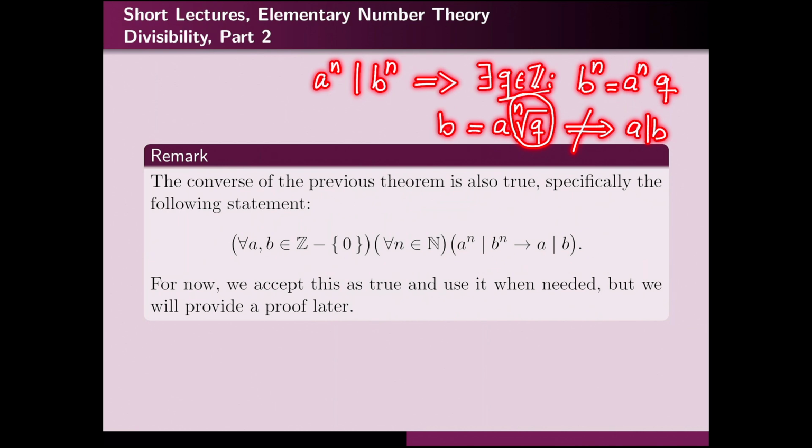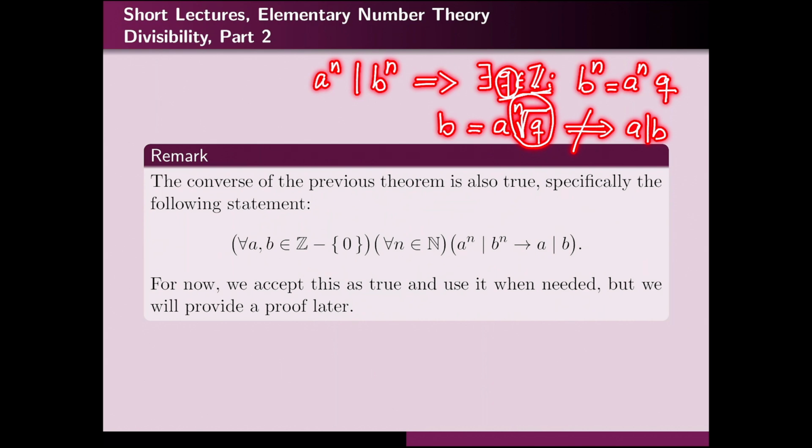So I need to prove something stronger. I want to prove that not only this q is an integer, but it is equal to an nth power of another integer, so that after taking the nth root, it becomes an integer again. Okay, so I just want you to know that the proof of this theorem using the definition of divisibility will not work in this way.